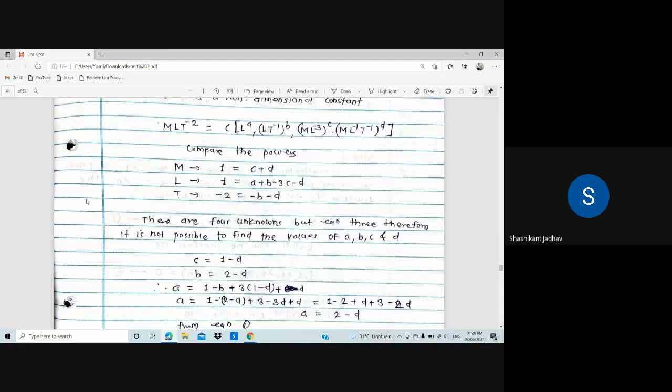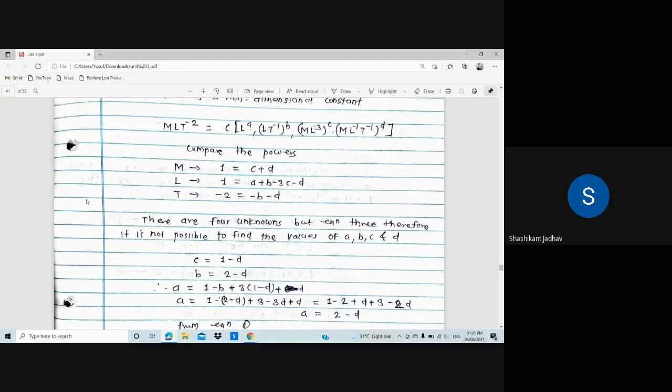So next line write down, there are four unknowns. How many equations are there? 3. And how many unknowns? 4. There are four unknowns but only 3 equations.